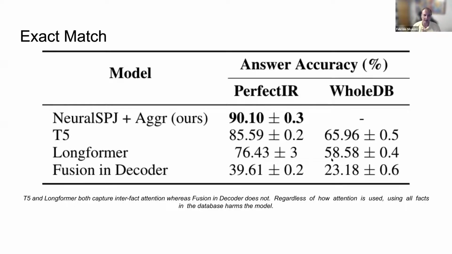But as you can see, it's not as performant as T5 in all the cases. And the main result here is that you basically need a good IR strategy to retrieve the best possible set of answers.